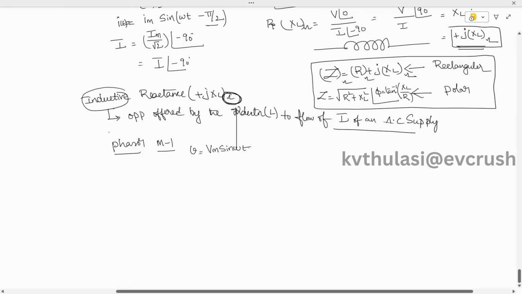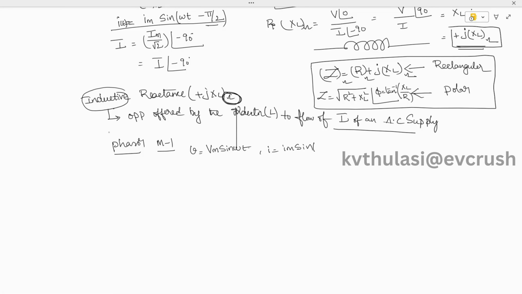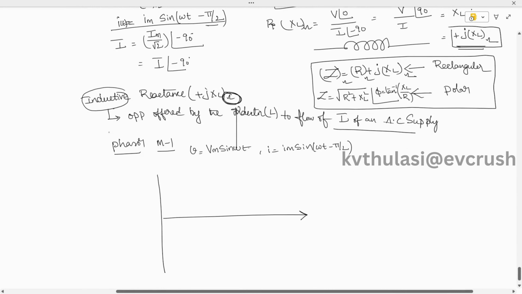Now let's draw the waveform. First draw an x-axis. This is nothing but the x-axis.